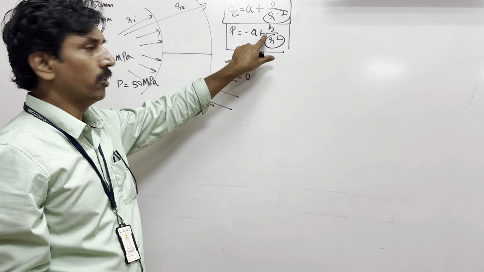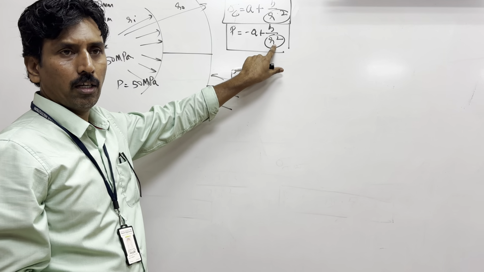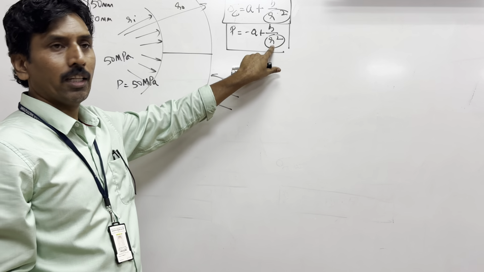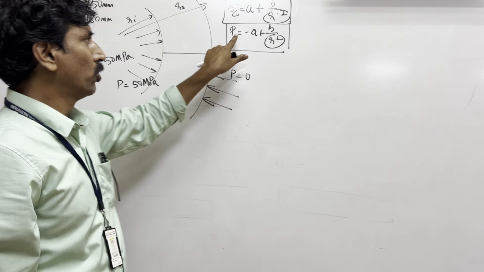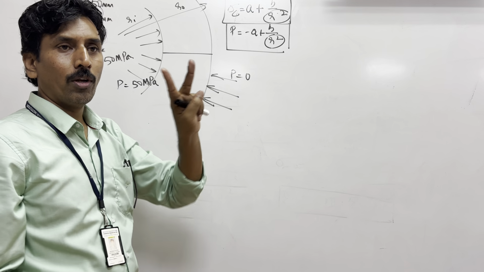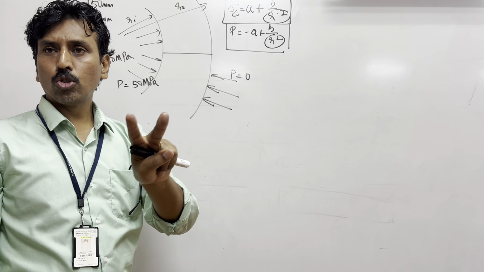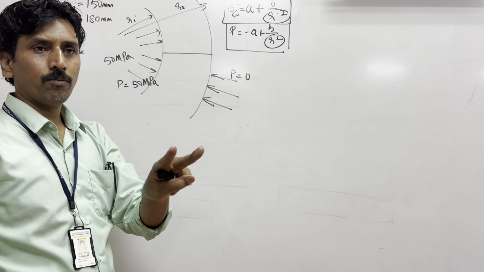So you can apply this equation for inside radius and put this value as 50, and substitute R as 180 and put this value as 0. You will get two equations. You can use those two equations to solve for A and B, and then substitute these A and B values to get sigma C at inside.